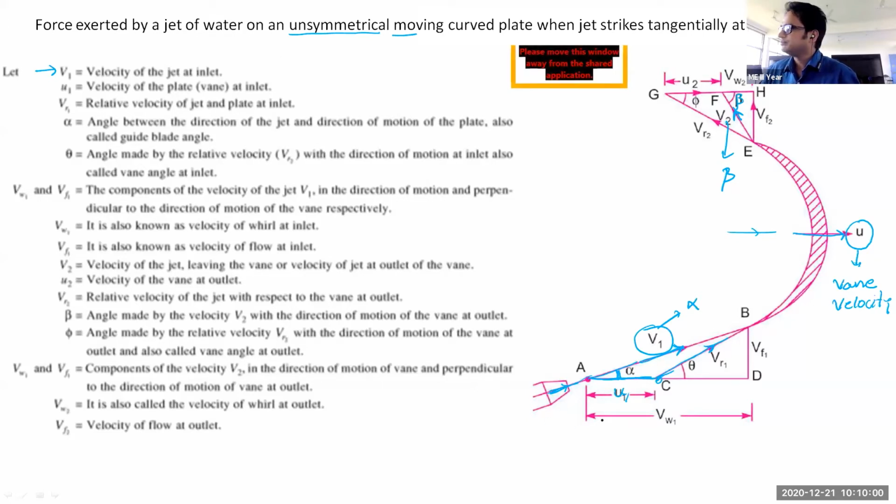Now this VR1, your relative velocity, you can see on the inlet side, it is making an angle theta. The relative velocity is making an angle theta, and this is your vane angle.